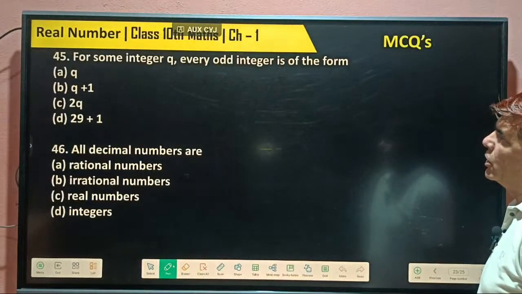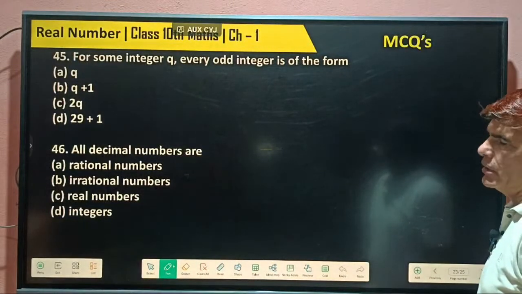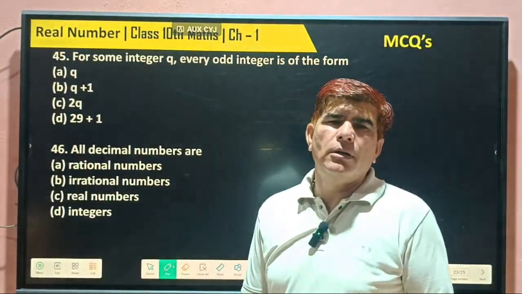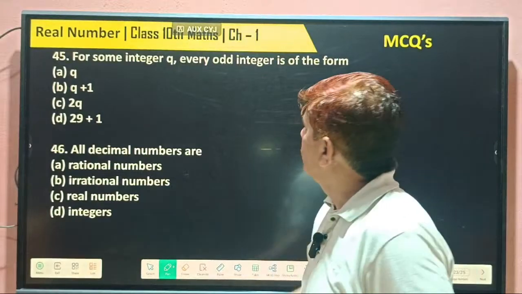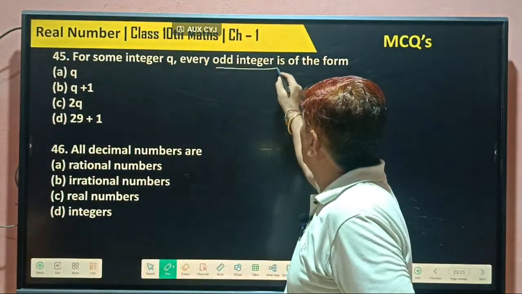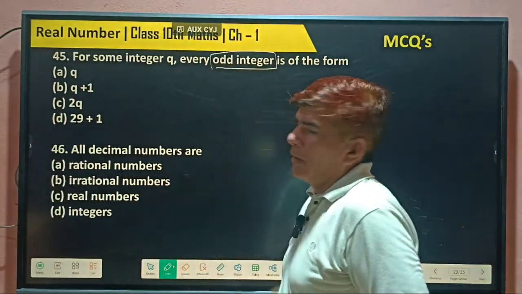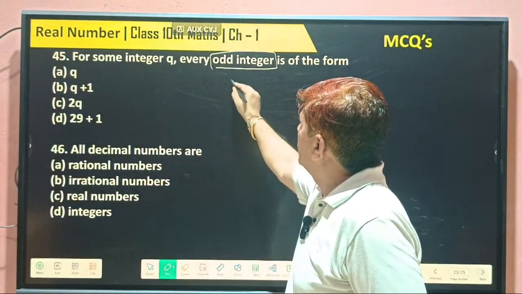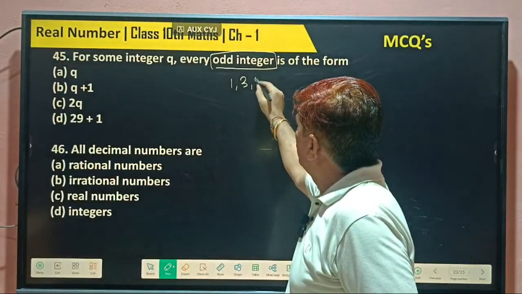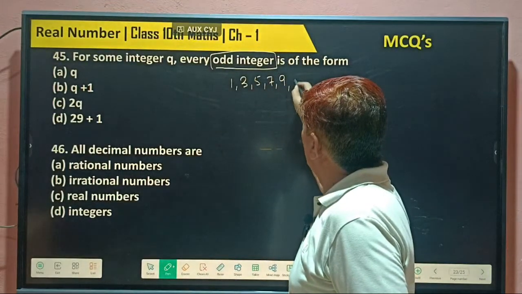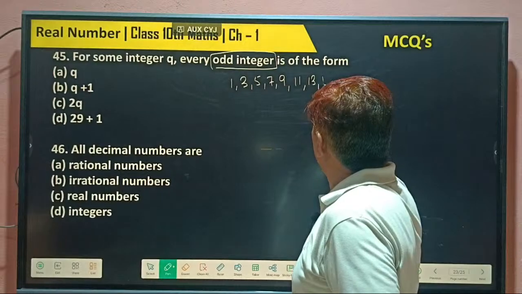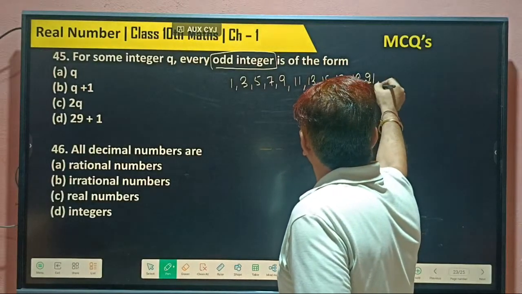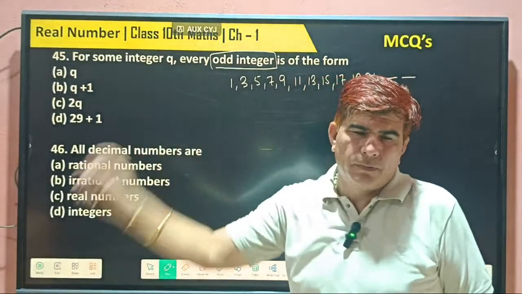For some integer q, every odd integer. Odd means which is not divisible by 2, even means divisible by 2. So we are after the odd integer. Odd integers mean 1, 3, 5, 7, 9, 11, 13, 15, 17, 19, 21 continuous.